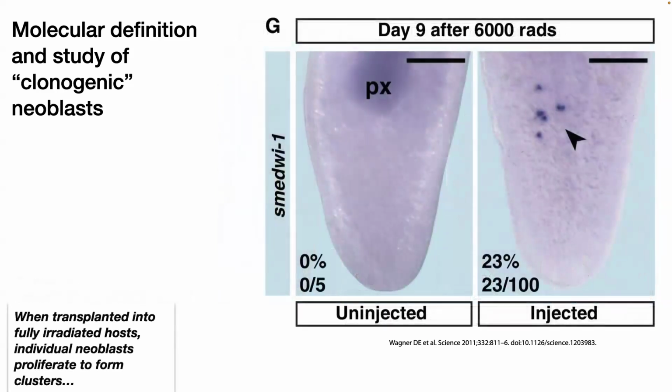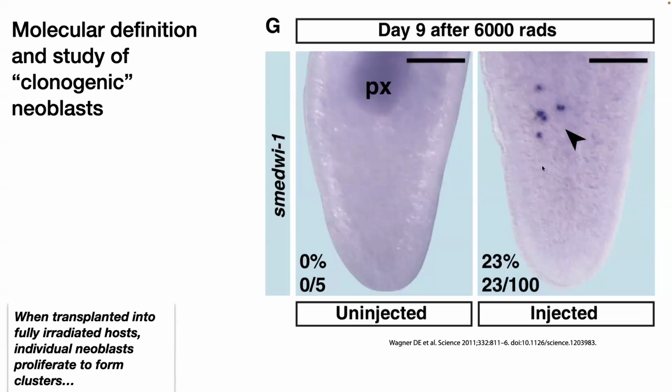So using such strong radiation and single cell implantation, the researchers found out that indeed some of the transplanted cells, about a quarter of them, were able to contribute to proliferative clusters.